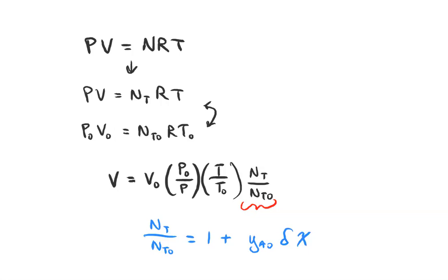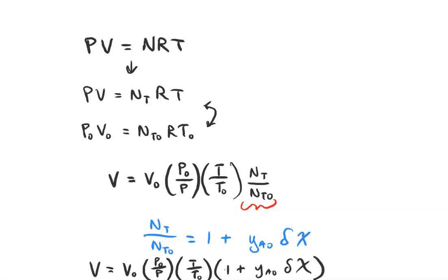And so what that tells us overall is that V, the volume at any given time, is equal to what it started off as, and then you have this pressure and temperature, and now you have just 1 plus the mole fraction of A initially times delta times conversion.